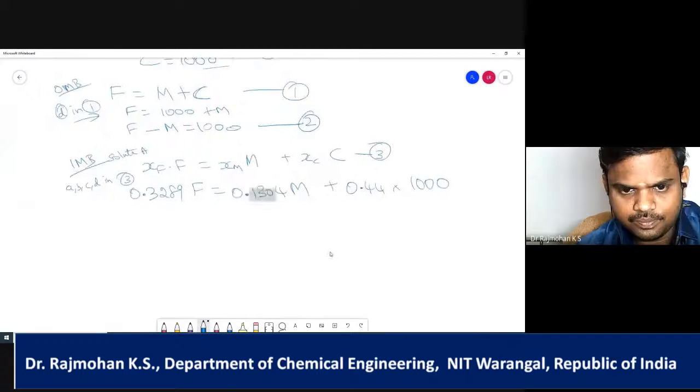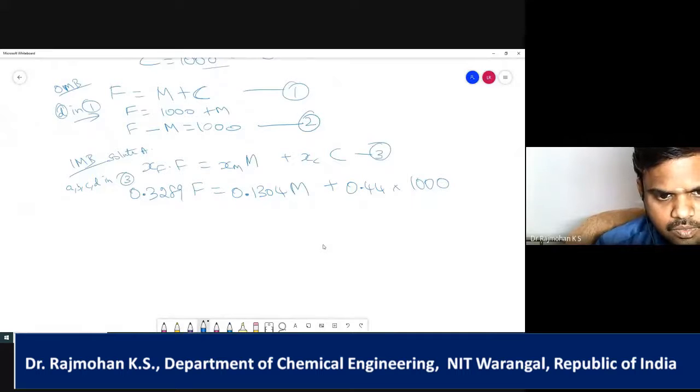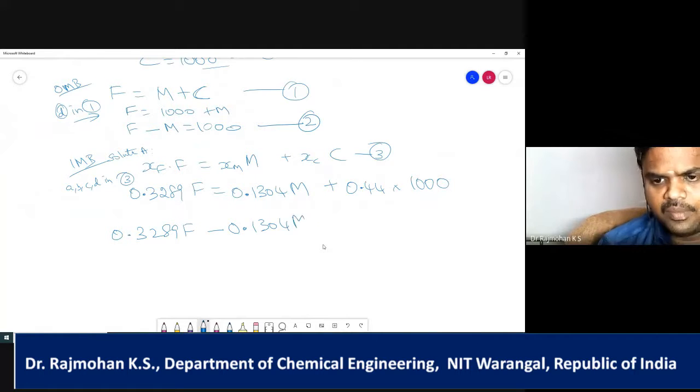Simplify it: 0.3289 F minus 0.1304 M is equal to 1440.